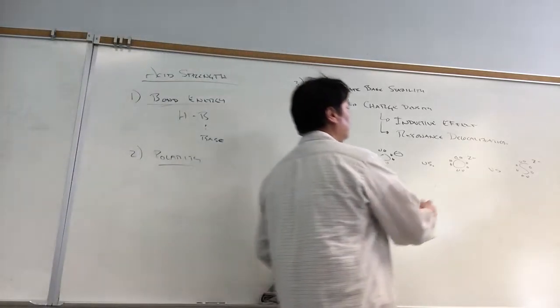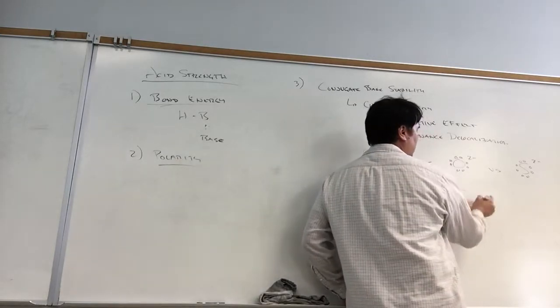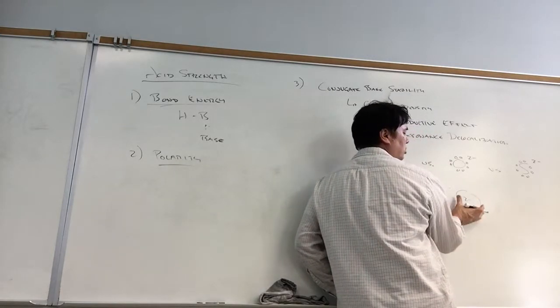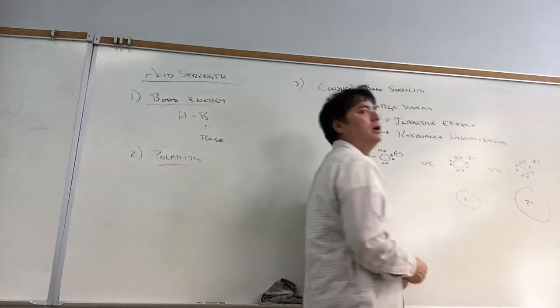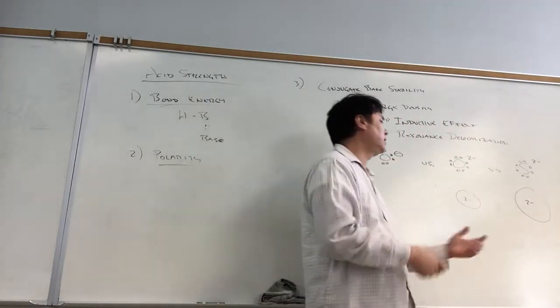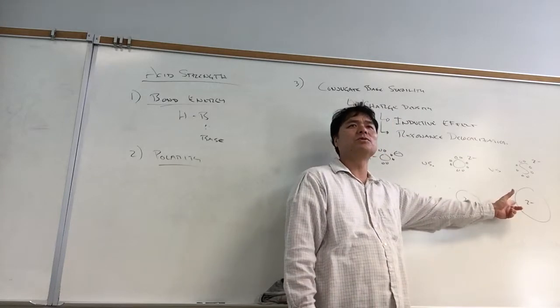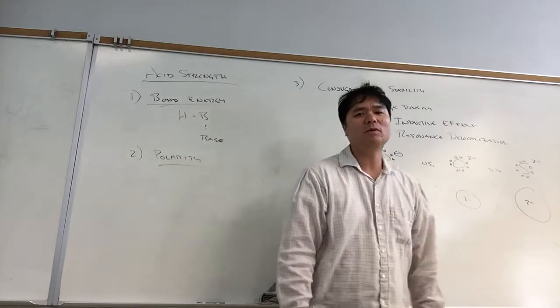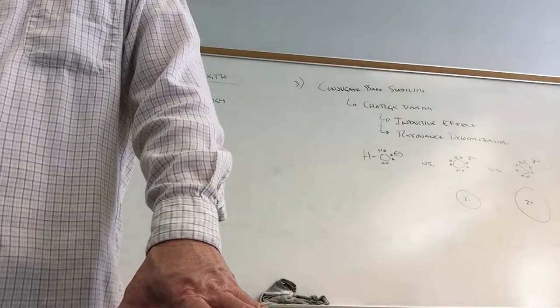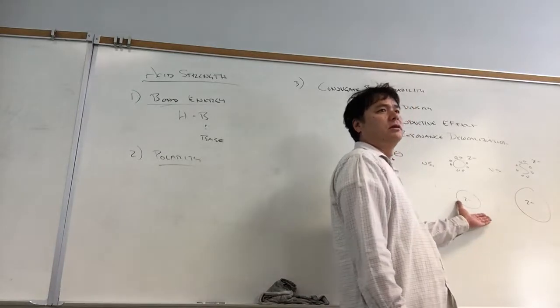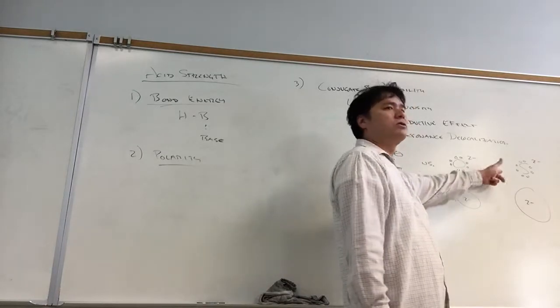When we compare these two, oxide's smaller, and that has a -2 charge contained in this volume. Sulfide is bigger and has a -2 charge. So we can say that this is concentrated, this is more dilute. What's going to be more reactive, a concentrated or dilute? Concentrated. We just say this has a higher charge density, even though the magnitude of the charge is the same.